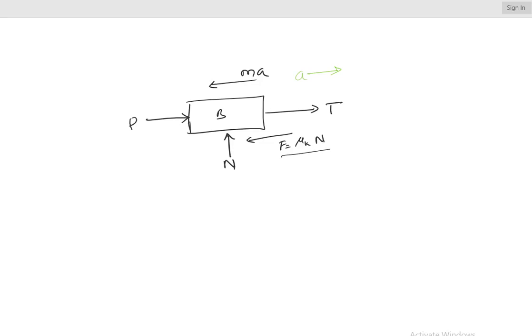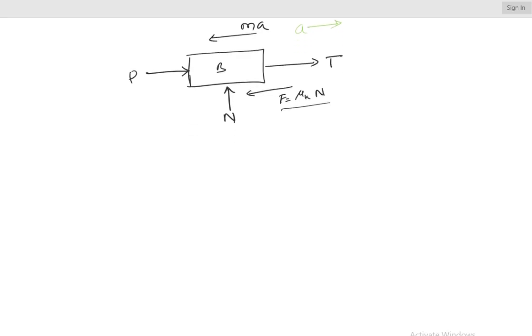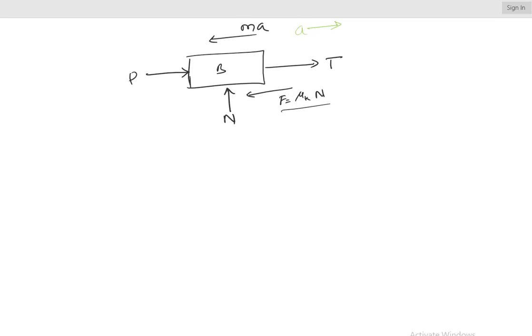Now all we have to do is put it together in the sum of x equals 0 formula. Anything to the right I'm going to say is positive, anything to the left is negative. Now what do we have? P is going to the right, so that's positive, plus T also going to the right is positive.